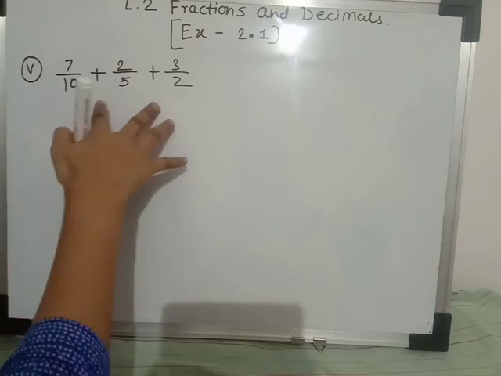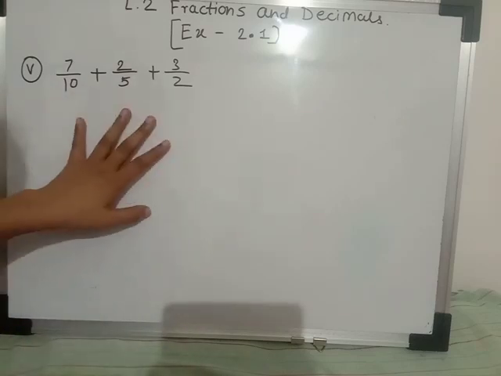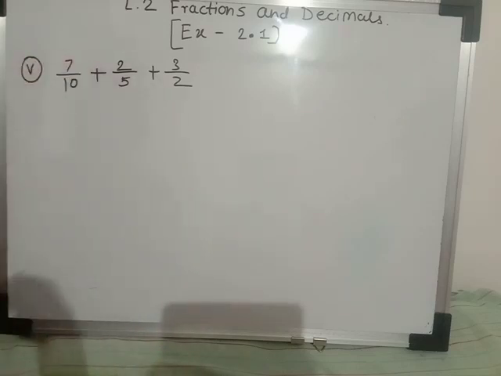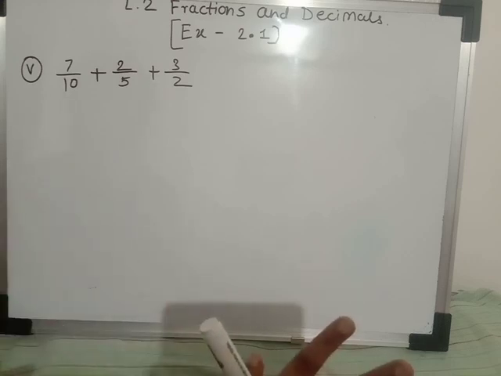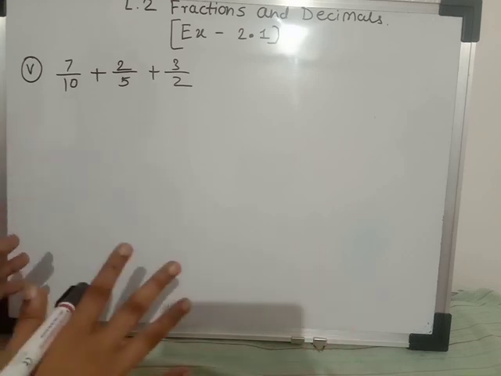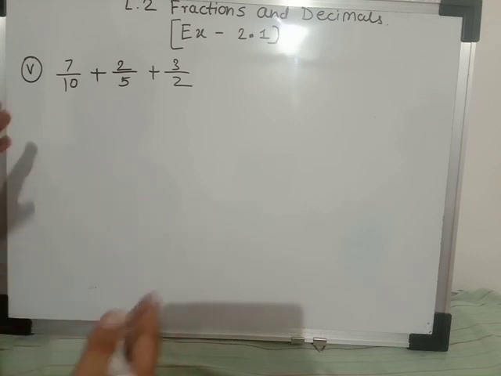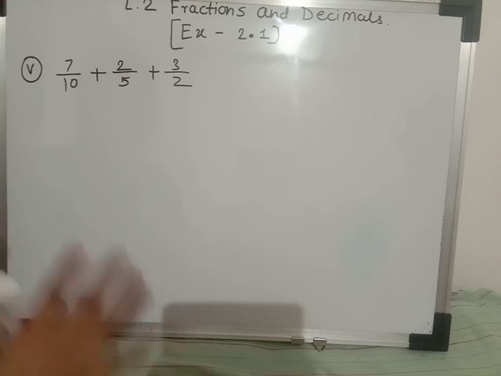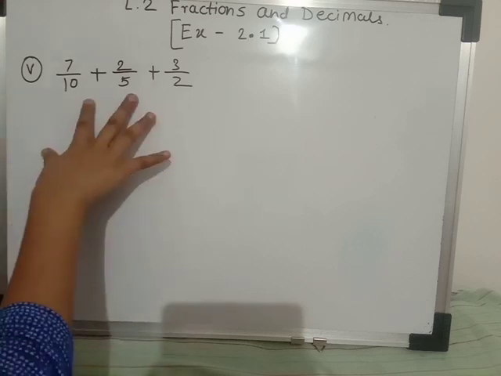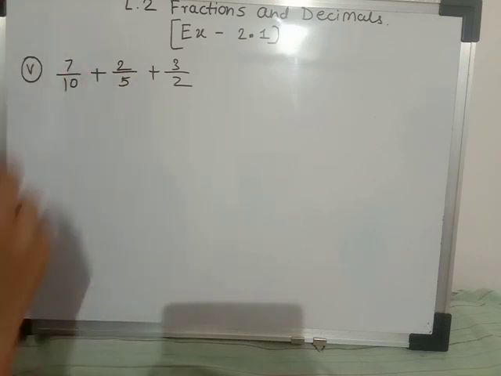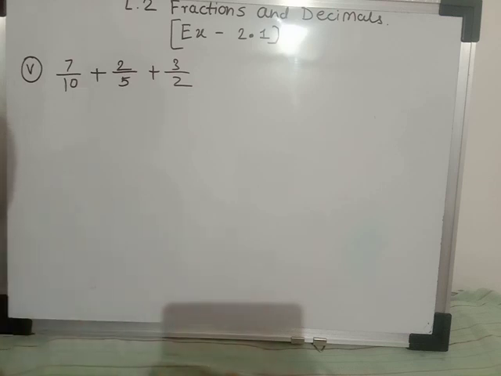Now third example here, where 3 fractions are there. Don't worry if you are adding 3 fractions or 4 fractions, same method you have to follow. Don't get scared that now three fractions are there, how am I going to add. Here 3 fractions are there where denominators are different, so we have to make their denominators equal by finding their LCM.